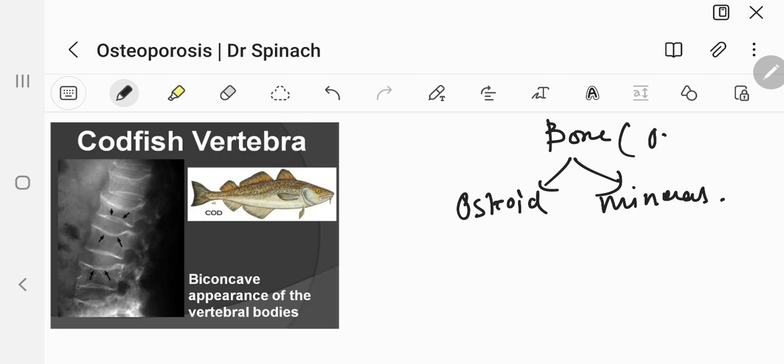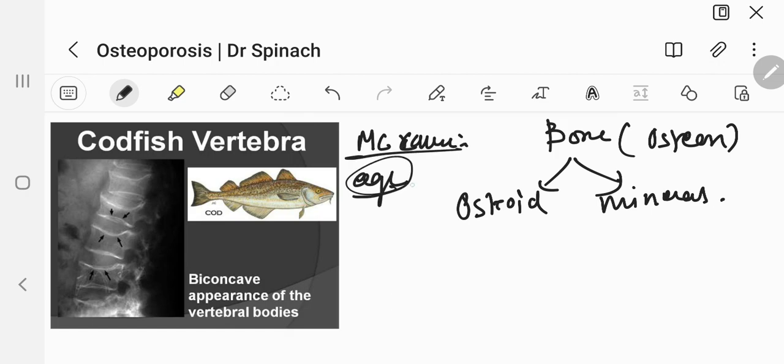Now, this forms osteon. What happens in osteoporosis is, the first thing that you need to know is the most common cause of osteoporosis is nothing but age. As you grow older, the bones get weakened, and it's just not because of some problem.